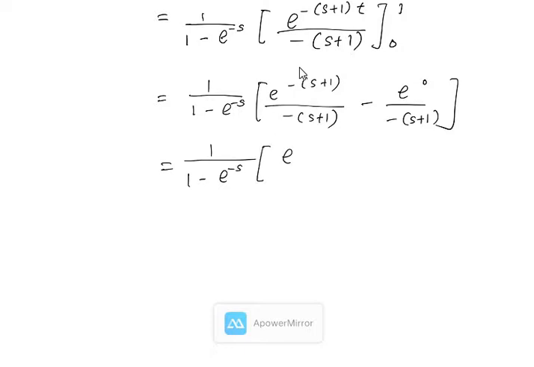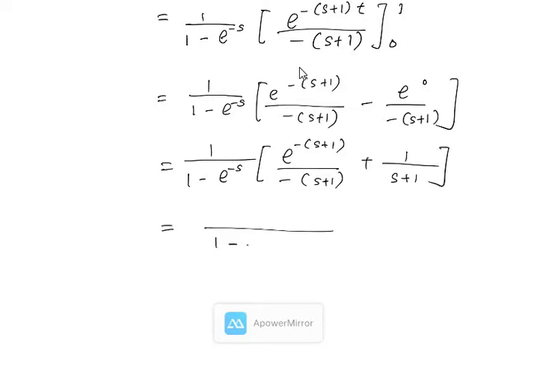So this is equivalent to 1 over 1 minus e to the power negative s, times e to the power negative (s plus 1) divided by negative (s plus 1), plus 1 over (s plus 1). So this is equivalent to 1 over 1 minus e to the power negative s, and then (s plus 1).